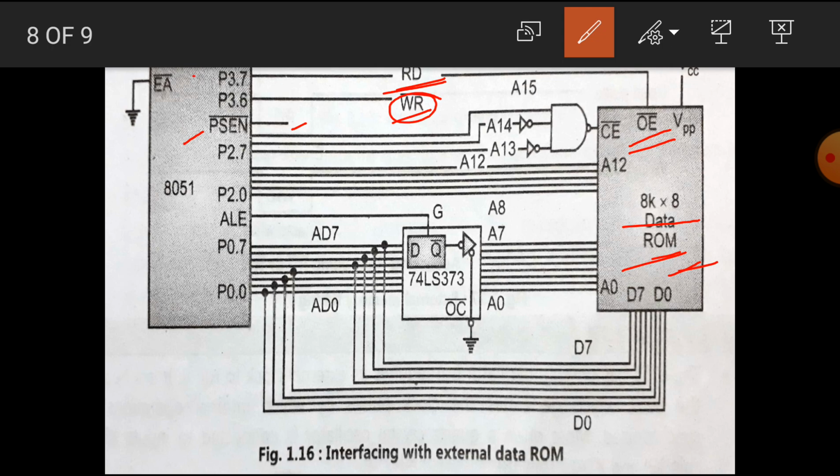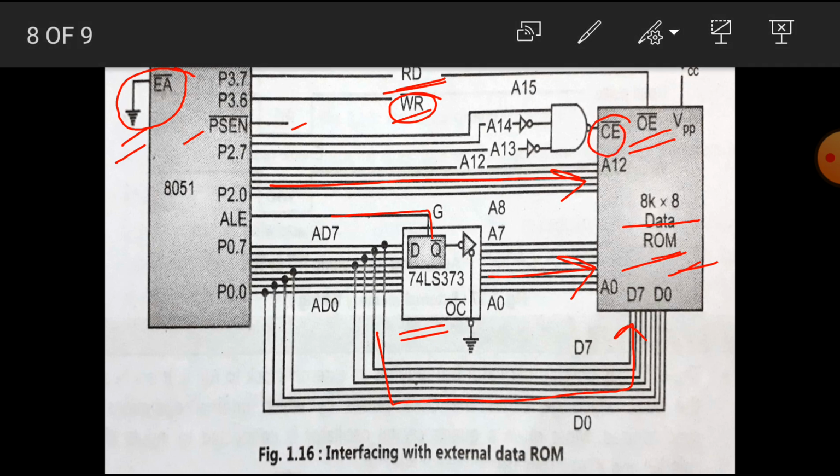The other pins are connected similarly, that means EA is connected to ground. The latch is used to demultiplex address and data. When ALE equals 1, it gives address. When ALE equals 0, it gives data. The 5 address lines are connected and the 3 lines are used for the chip enable pin.